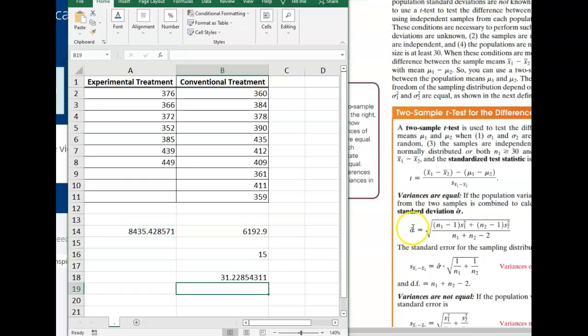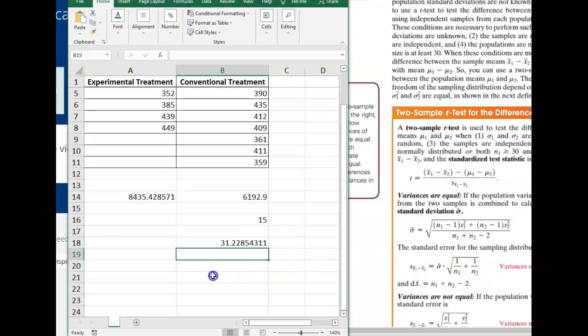So that is this calculation here. And now I need to actually multiply that by the square root of this right here. So one more step here. So the square root of 1 divided by 7, 1 over the first sample size, plus 1 divided by 10, 1 over the second sample size.